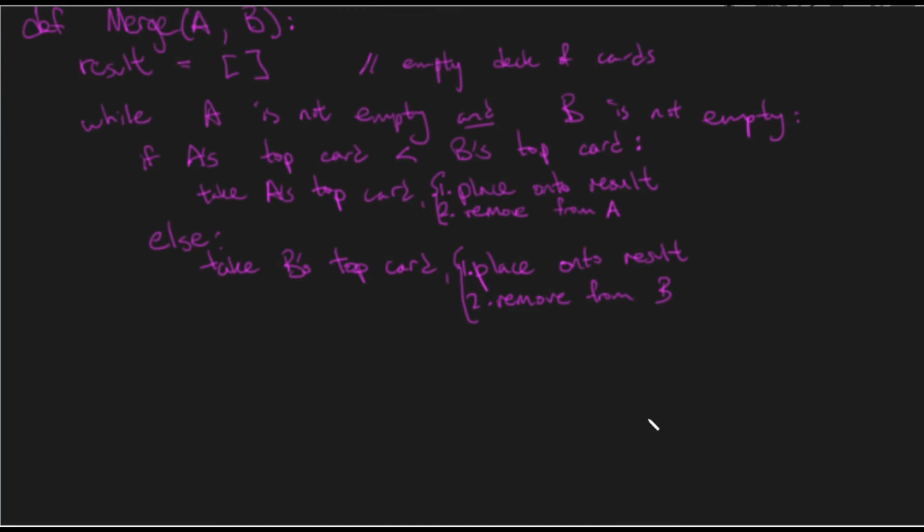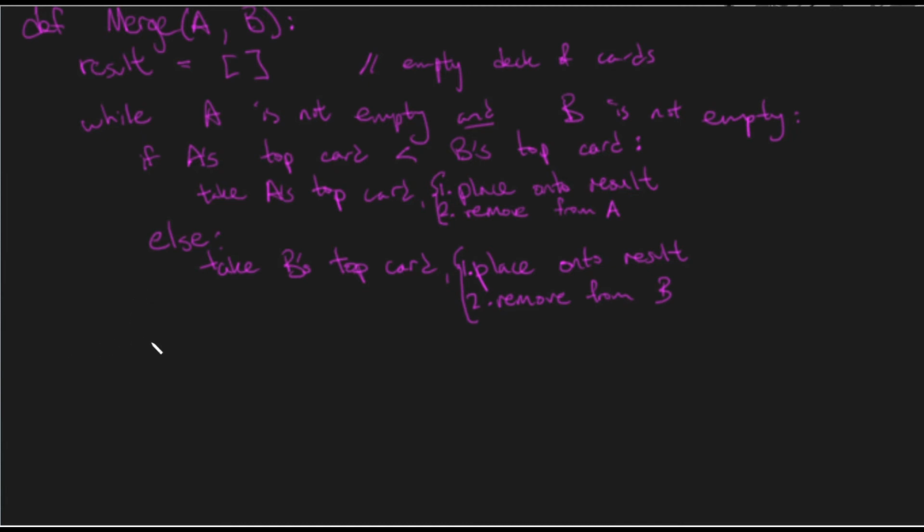So this is all fine and dandy, but one thing you could ask is what happens when one of these is empty? In other words, what if we have a deck of cards, let's say A, which isn't empty, which has some cards in it, but B is empty, there's no cards in B. We kind of ran into that situation last video with the example in the last few cards of the deck.